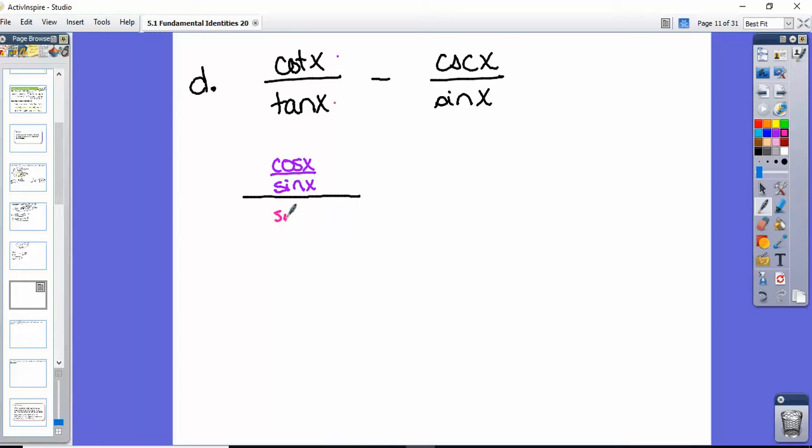Tangent is sine over cosine. Cosecant is 1 over sine. And then sine I'm just going to leave alone, but that is just the same as sine over 1.